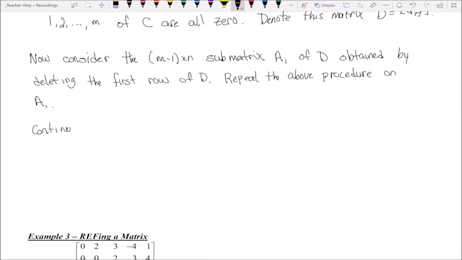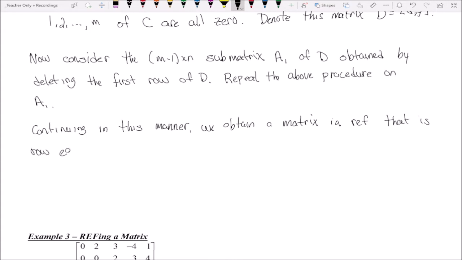Continuing in this manner, we obtain a matrix in row echelon form that is row equivalent to our matrix A, and thus the proof is complete.